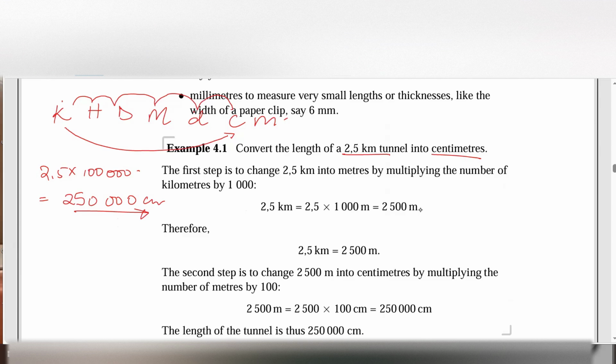What this book is telling us is that we can move step by step: from kilo to meter, multiply by 1,000. Then the answer we get, we change to centimeter, multiply by 100. And then we get 250,000.